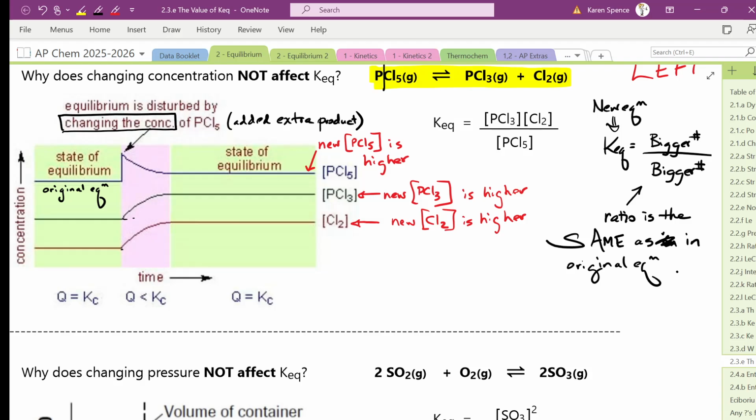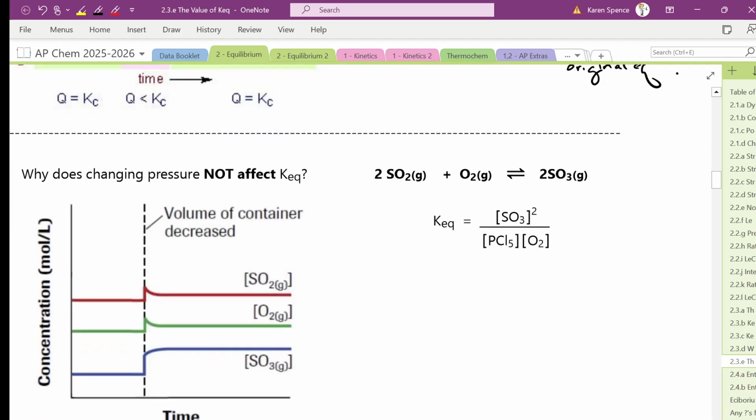Why does changing pressure not affect KEQ?